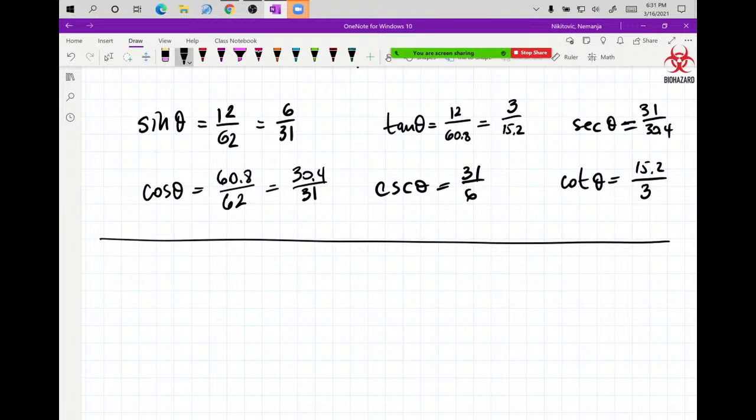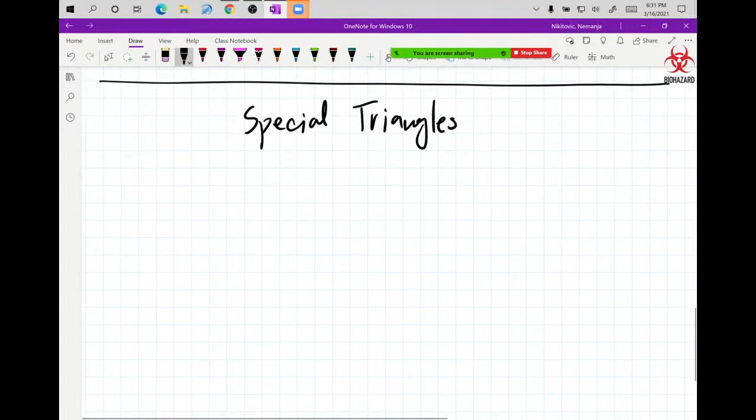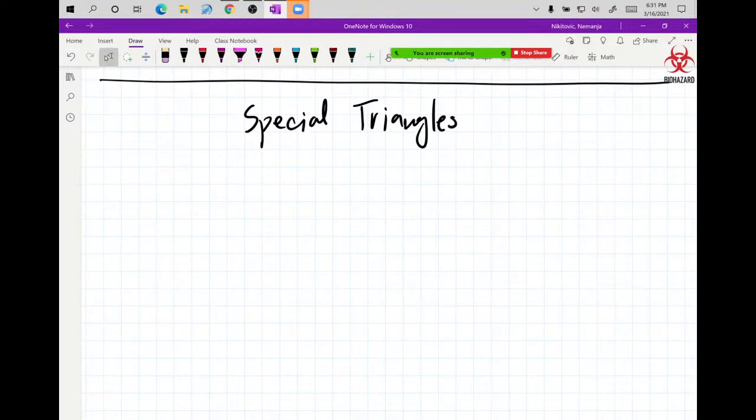So now we'll take a look at those special triangles. I mean, they're right triangles. They just have special values. So if we draw an isosceles triangle, which is a right isosceles triangle, isosceles means that the two lengths are the same.